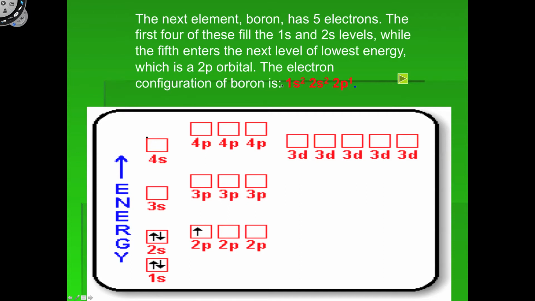I would want you to do the symbols if we were doing this on paper. But you'll notice that these arrows down here represent the exponent. So there's your 2 1s electrons. There's your 2 2s electrons. And then you see there's 1 electron in the 2p. That's why we have 1 arrow pointing up in this one.